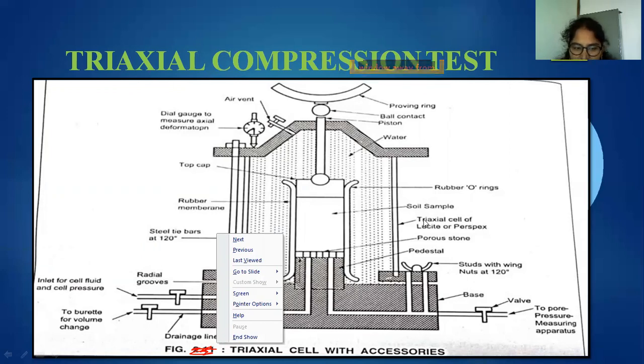It consists of a triaxial cell and a loading frame with provision for applying gradually increasing axial load on the specimen at a constant rate of strain, and also provision for measuring axial force and axial displacement.